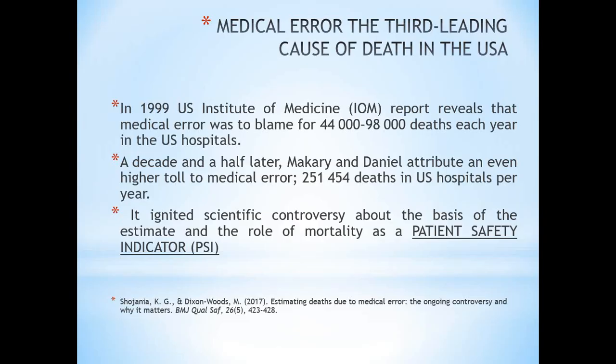Before the pandemic, the USA gave its leading causes of death, and the third leading cause was medical error, after carcinoma and HIV, and again the motor vehicle accident. It was the same in Canada.